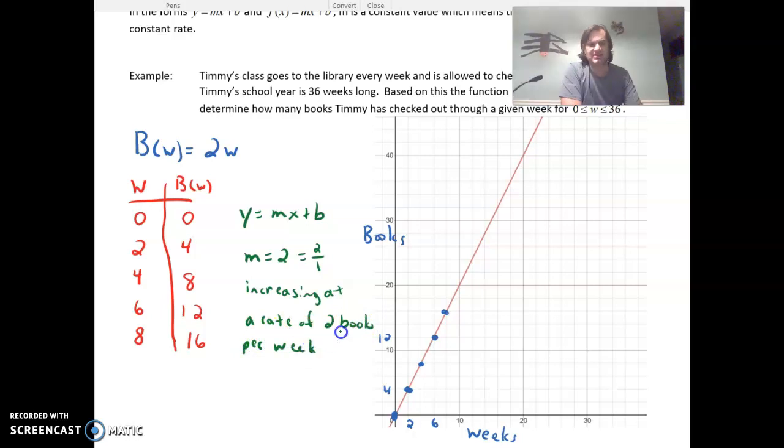So as long as it's consistent, it's going to go up 2 for books and over 1 for weeks.